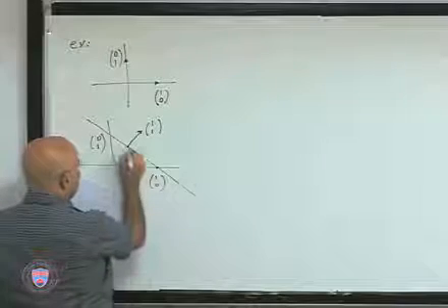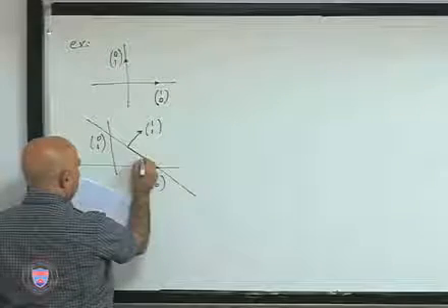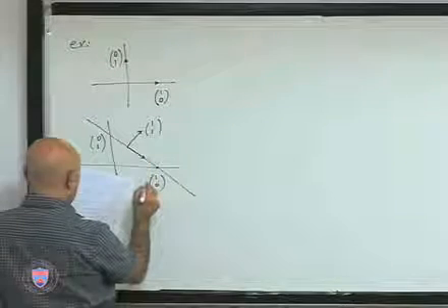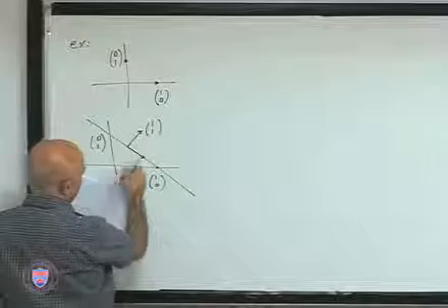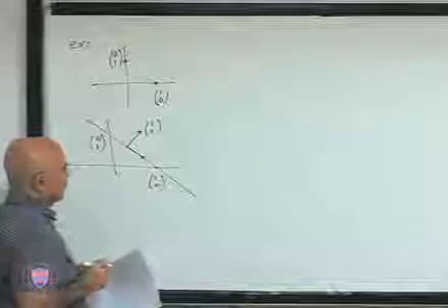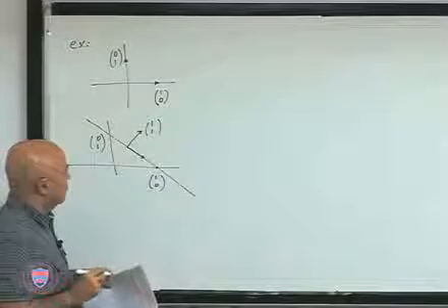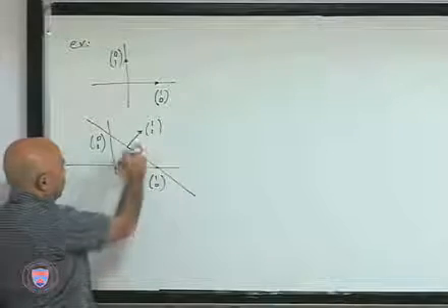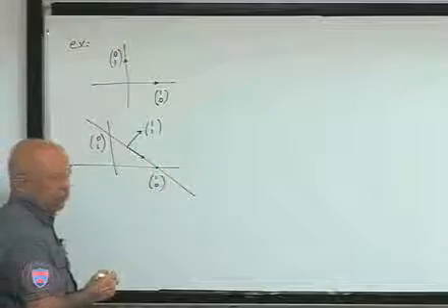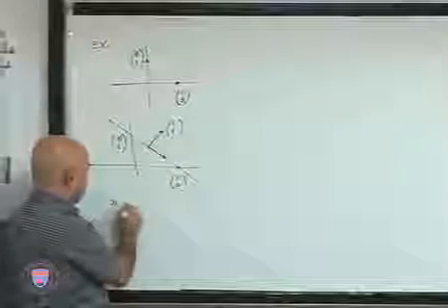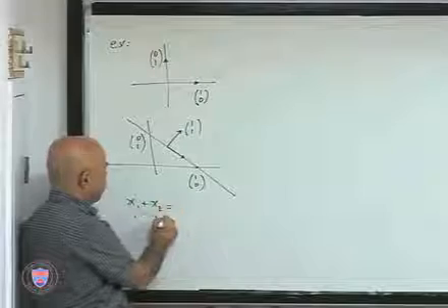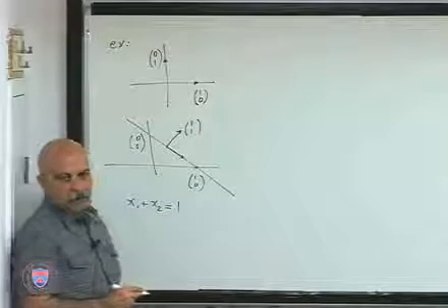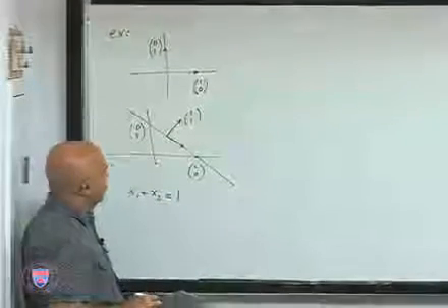And if you pick any point on the hyperplane, you will have orthogonality. For example, what's the equation of this hyperplane? x1 plus x2 equals 1, right? That's the equation.